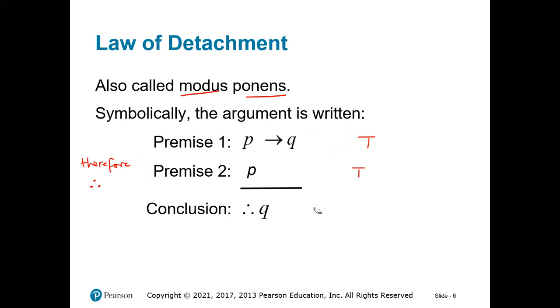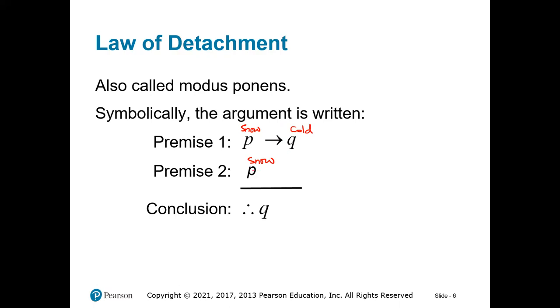Again, this is still not clear, I understand. But if I give you a real life situation, suppose P is, it snows. Q is, it's cold. Suppose I tell you, if it snows, then it's cold.